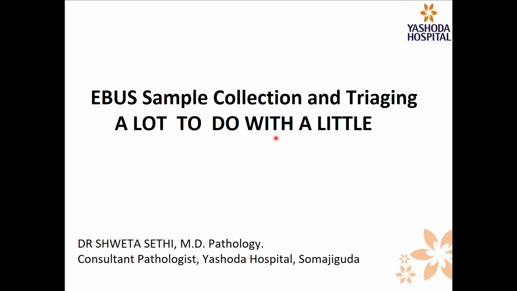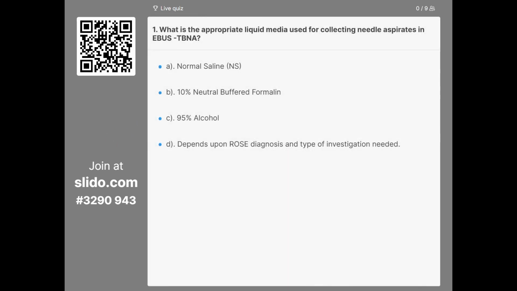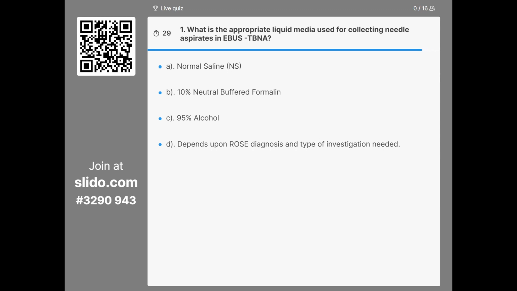So the first question for the poll is, what is the appropriate liquid media used for collecting needle aspirates in EBUS TBNA? These are the options: normal saline, 10% NBF, neutral buffered formalin, 95% alcohol, and option D is depending upon the ROSE diagnosis and type of investigation needed.